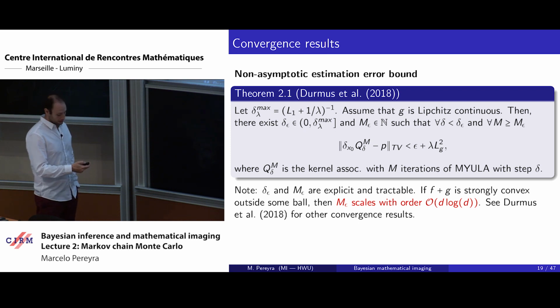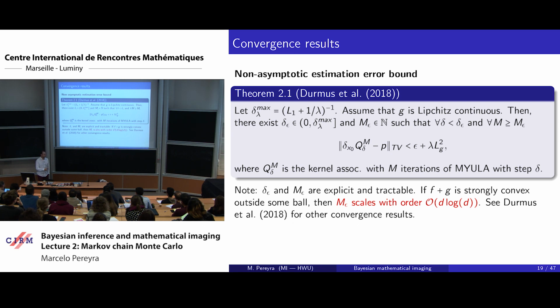So we have a scheme that has a complexity that is not orders of magnitude different from an optimization scheme. Algorithmically, it is similar to an optimization scheme, and we can use it to do Monte Carlo integration and Bayesian inference instead of optimization.